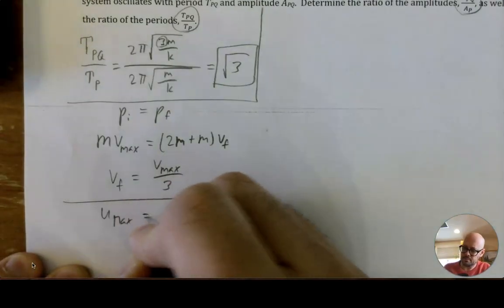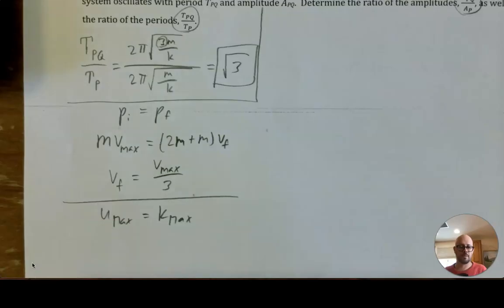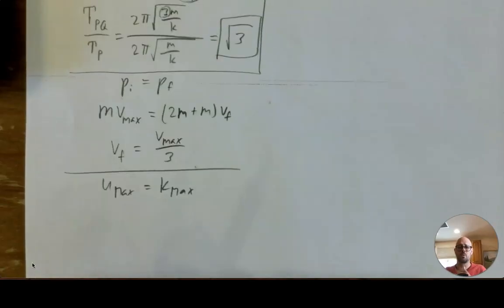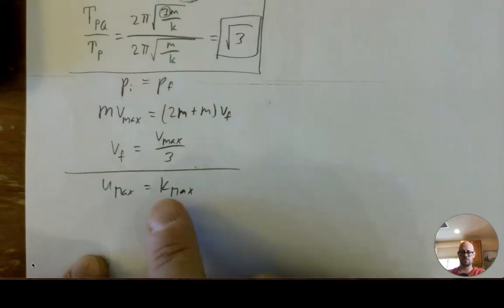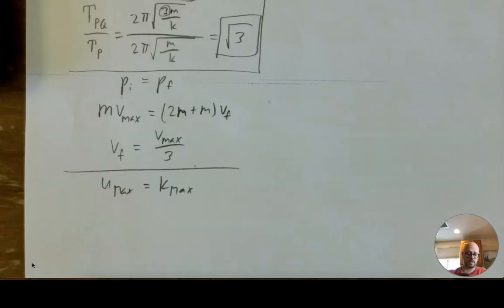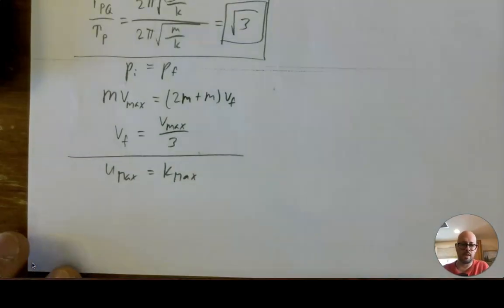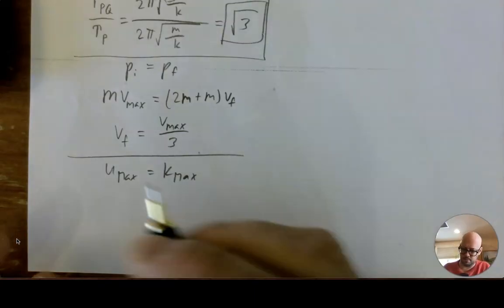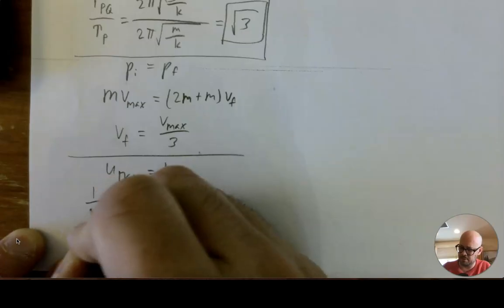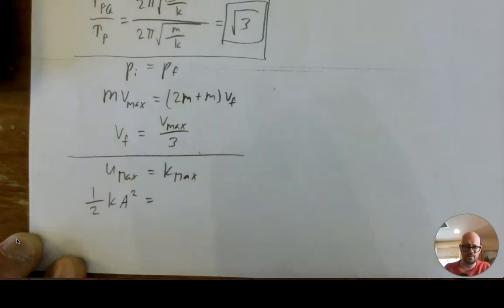Now, I can apply conservation of mechanical energy, because if I want to know what the new amplitude is, I have to see how this new kinetic energy maximum relates to the old kinetic energy maximum. This is going to be before that collision. So I'm going to write this out as the maximums. The potential energy is elastic, and it's based on the amplitude.